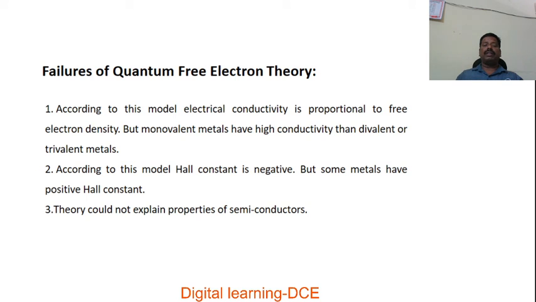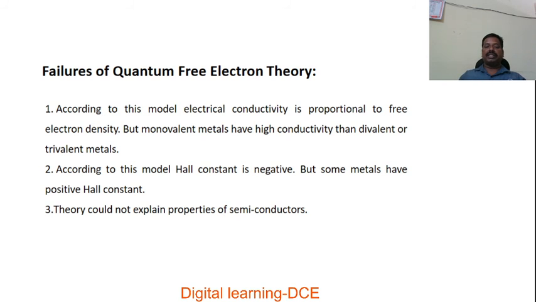Another limitation is that, according to this theory, the Hall constant is negative. But some metals have a positive Hall constant, which cannot be explained by this theory. This is one more failure of quantum free electron theory.